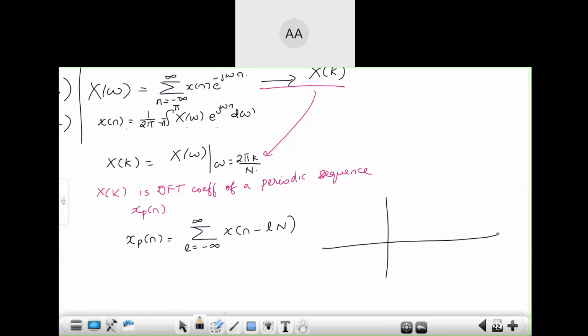Suppose this is the number line, and the signal is like this, this is your x of n, and the total length of the signal is n. If it is a periodic signal, these values will go on like this, the same thing repeating.